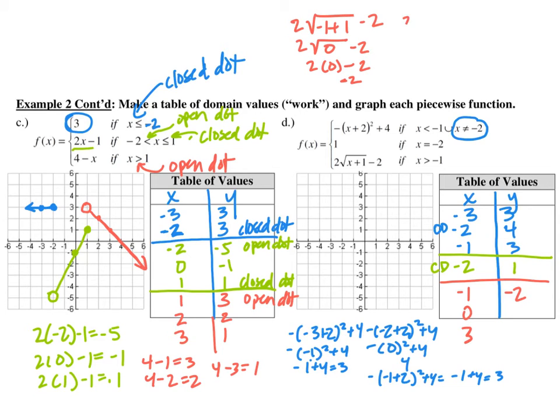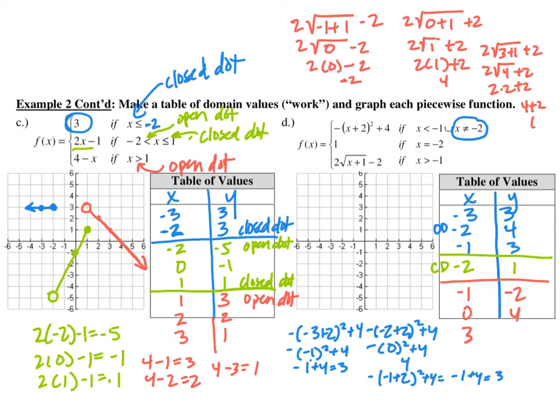And then we have 2 times the square root of 0 plus 1 plus 2. 0 plus 1 is 1. The square root of 1 is 1. So that's just 2 plus 2, which is 4. And then the last one is 2 times the square root of 3 plus 1 plus 2. Square root of 3 plus 1 would be square root of 4. Square root of 4 is 2. 4 plus 2 is 6.